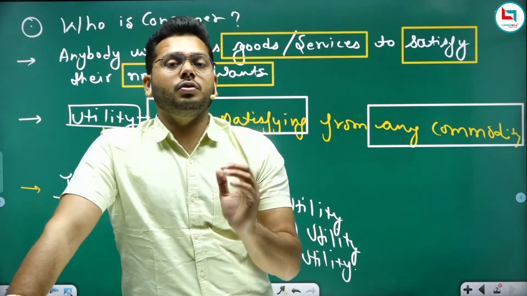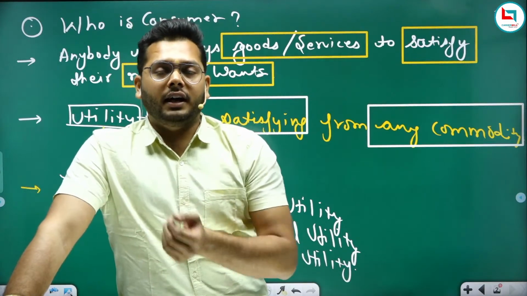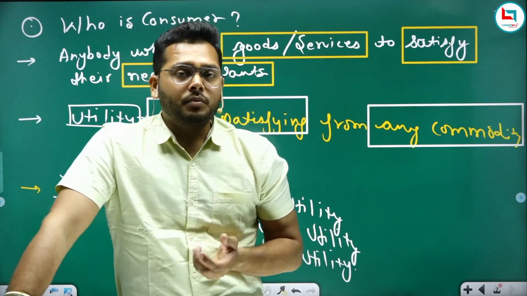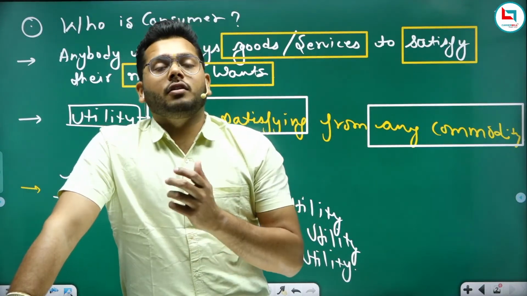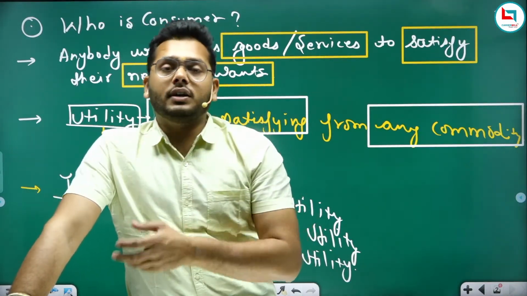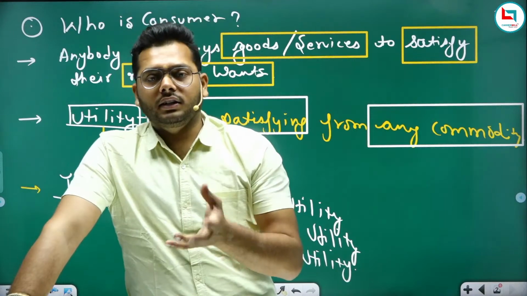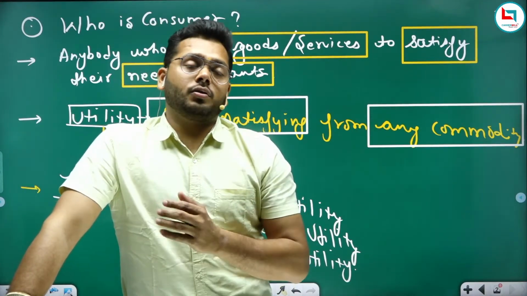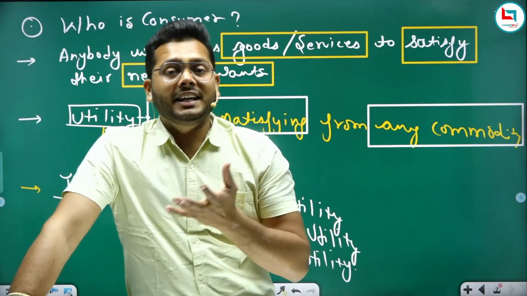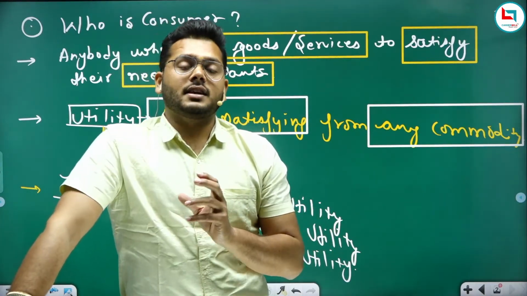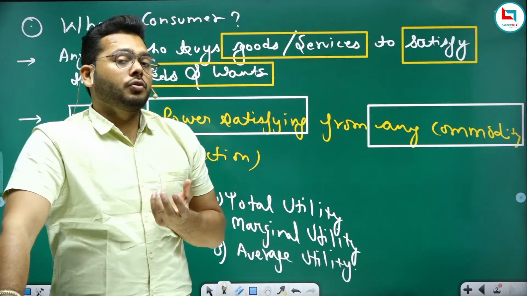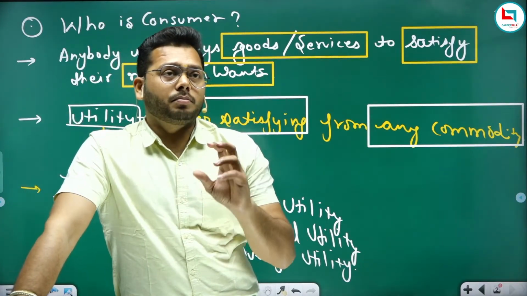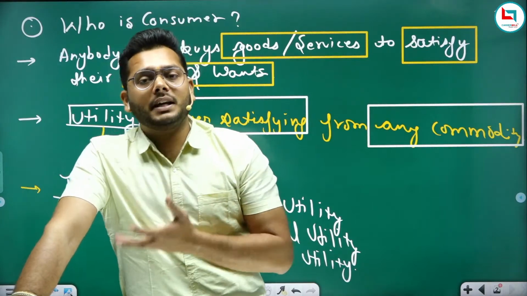For distance you use meter, kilometer, millimeter. For electricity, you use volts, watt. For liquid, you use volume, liter, milliliter. For solid particles, you use kg, gram, milligram.